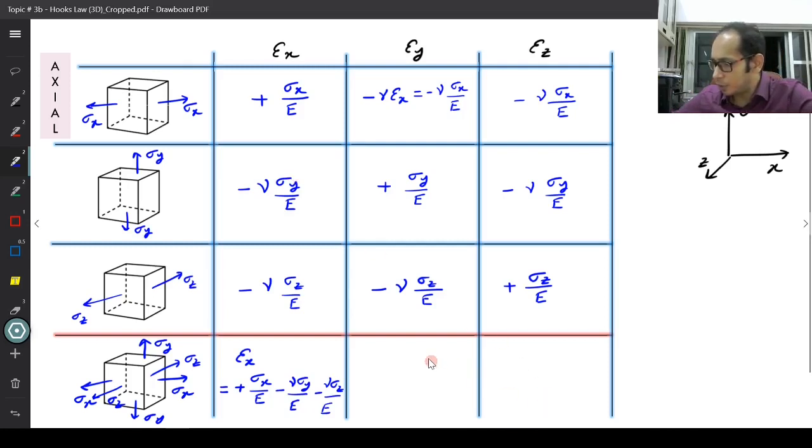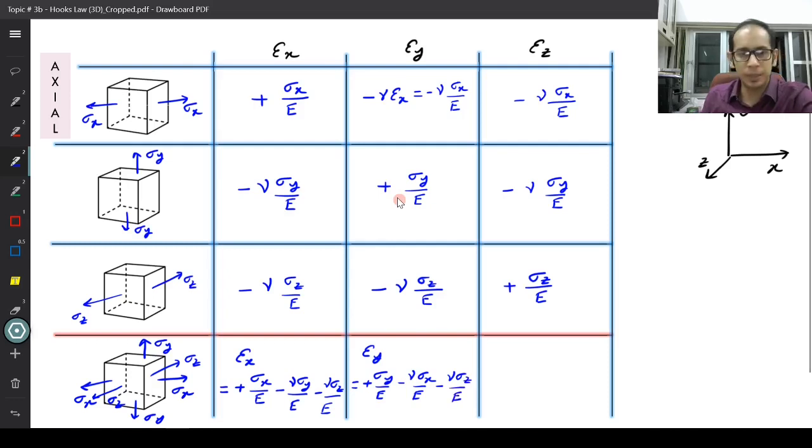Similarly, the other ones are going to follow a very similar pattern, right? In this particular case, my epsilon y is simply going to be, if I write this first and the others next, just to maintain a nice flow of expressions in the equations, a positive sigma y by E, minus nu sigma x by E, minus nu sigma z by E. Similarly, the last one is going to be positive sigma z over E, minus nu sigma x by E, minus nu sigma y by E. Now you get a hang of how to write it, right?